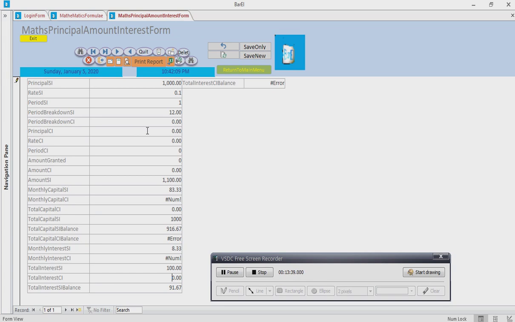If the principal for the compound interest is 2000 and the rate of interest is 0.1, period, let us say 3 years, and the breakdown is 36.